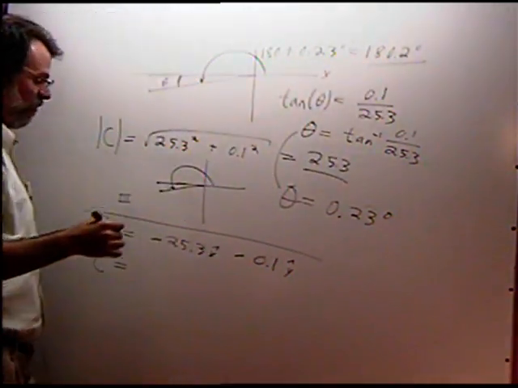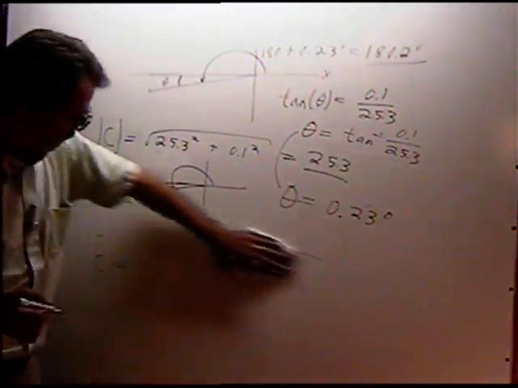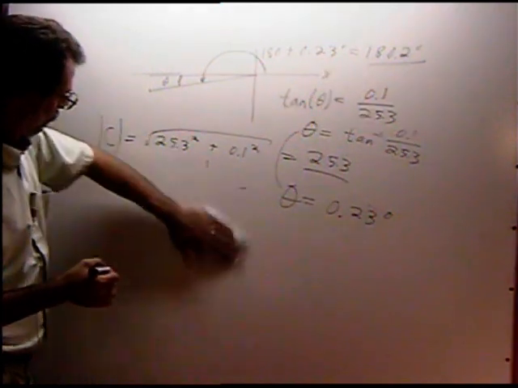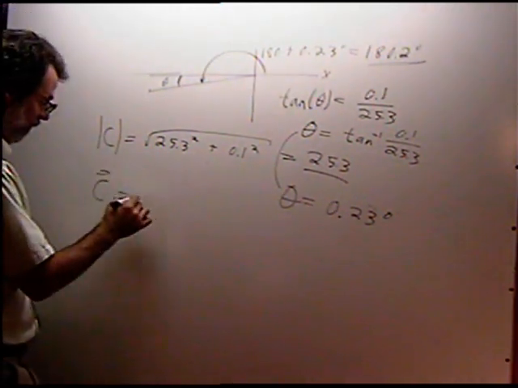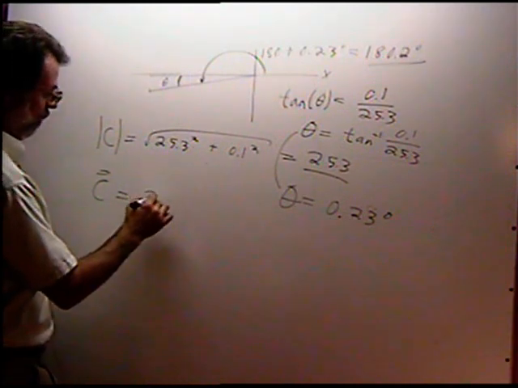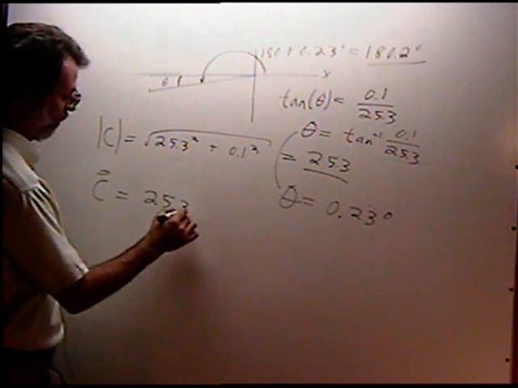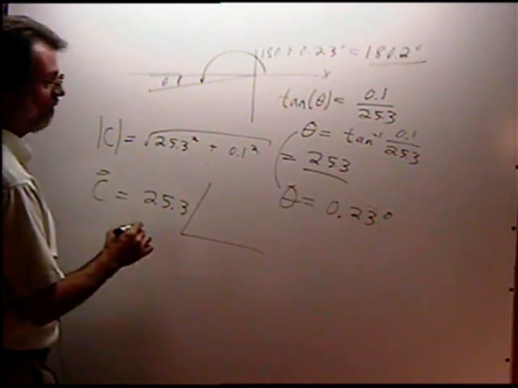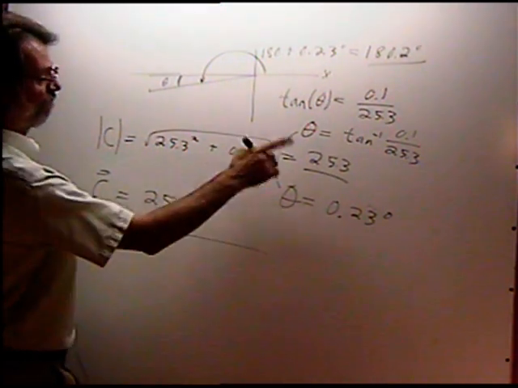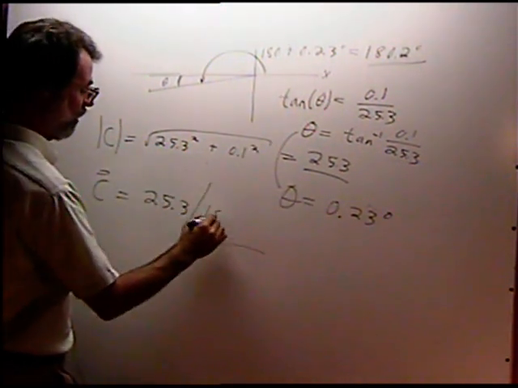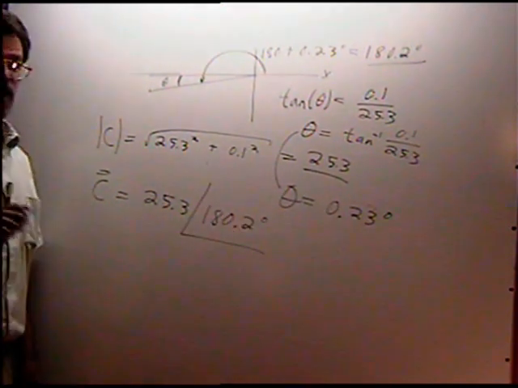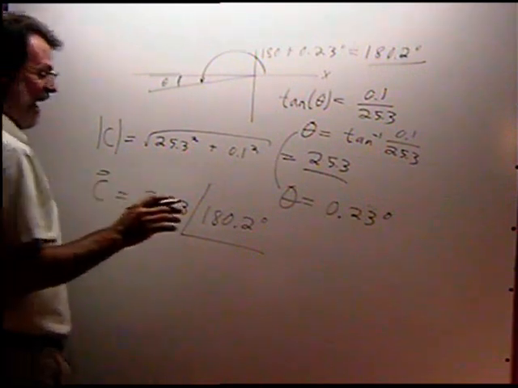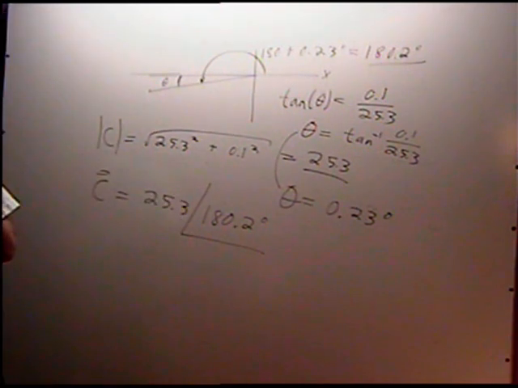So my final answer: the sum of A plus B is C, which has a magnitude of 25.3 at an angle of 180.2 degrees. Hope that's clear in how you handle that.